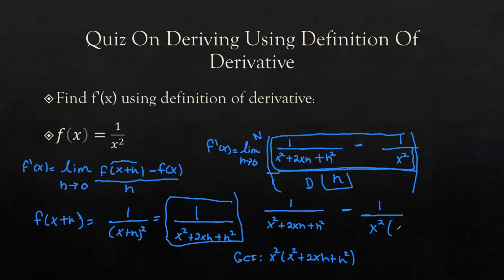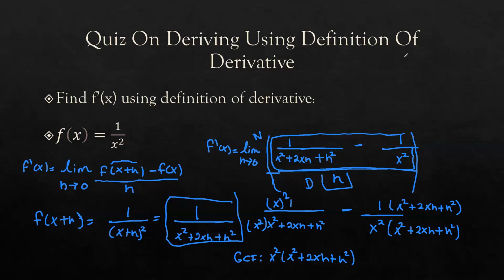On this side, we're missing an x squared plus 2xh plus h squared, and over here, we are missing an x squared. Let me put it here, I'm running out of space.